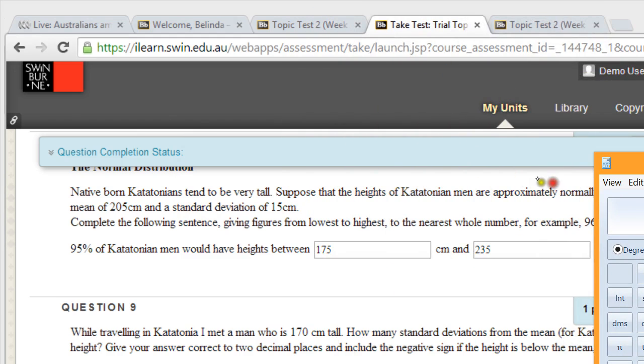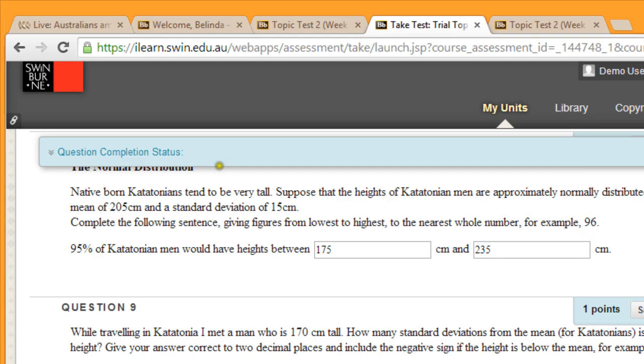So x is 170 minus 205, divided by 15, the standard deviation, gives us negative 2.3.